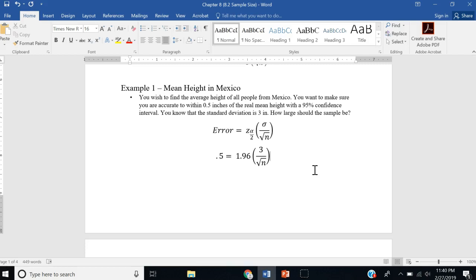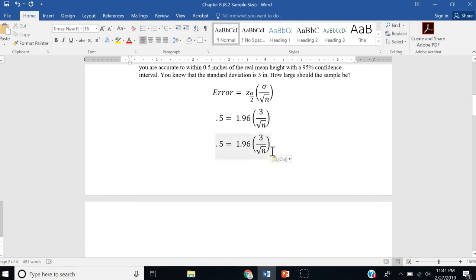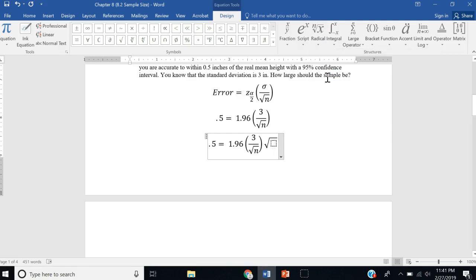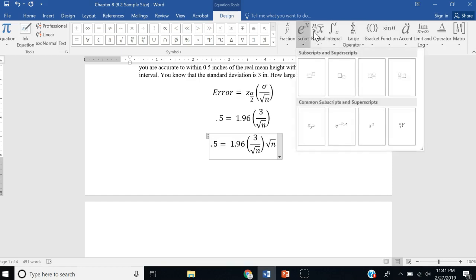Now, in order to solve this equation, we need to take that square root of n and get it out of the denominator. So what I would do is multiply on both sides by the square root of n. So I multiply the right-hand side by the square root of n, and I multiply the left-hand side by the square root of n.